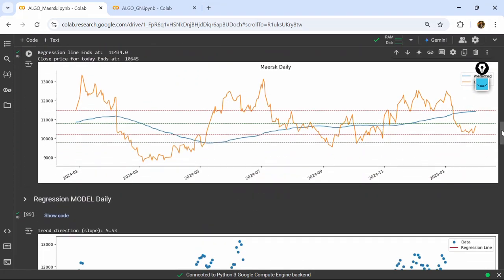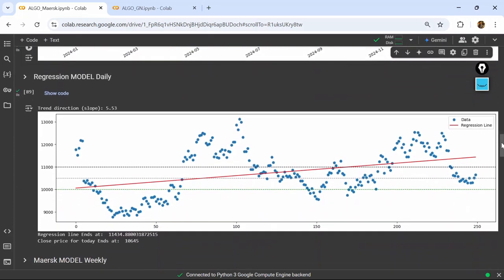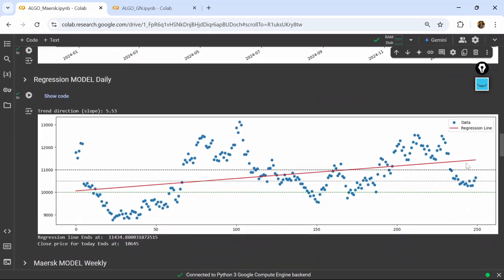So friends, this is the algorithm. We have the classic regression line. This is also designed, and we can see the slope direction. It is positive. If we take 1 year data, you can see the regression line ends at 11,000, so it's also 11,500. So the price is right now below the regression line, so it will go up at some point.